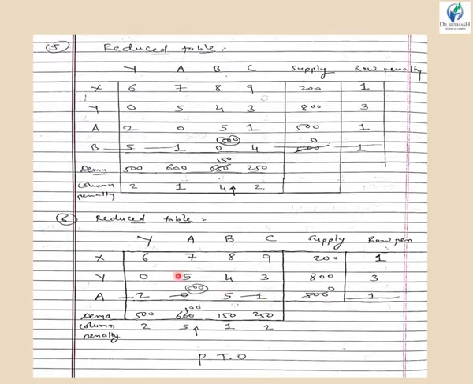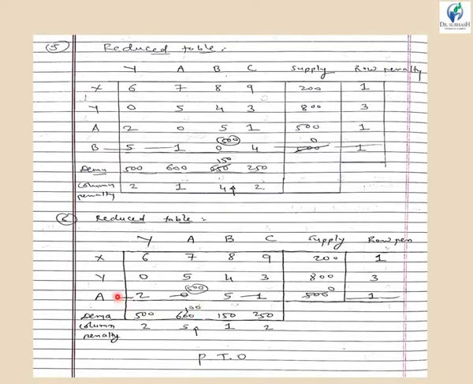So for A you can see that its capacity is exhausted, so it becomes 0, and here the demand was 600 but we had already allocated 500, so a demand of 100 still remains, which we must satisfy in our upcoming steps. Our next step will be the reduced table with the A row deleted.